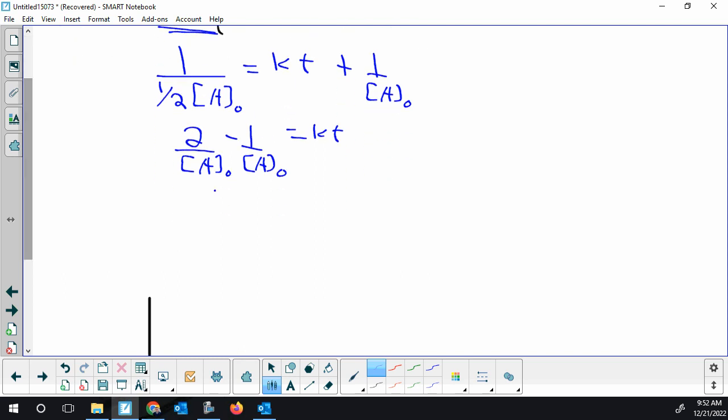That simplifies to just the inverse of the concentration originally equals KT. I'm just going to go back, add a subscript. This is the point where I turn that T into the T1/2. It's not any time, it's only the half-life time.